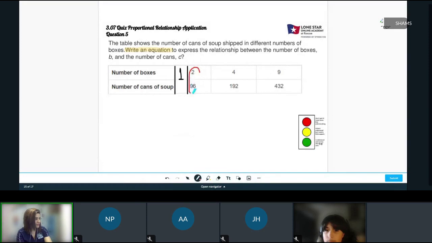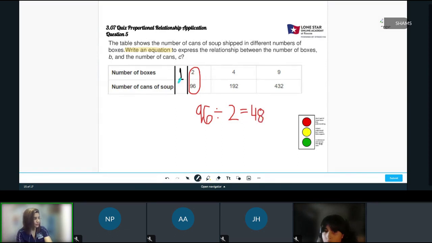If 2 boxes have 96 cans, I will do 96 divided by 2 to find for 1 box. And when I do that, I get 48 in each box, right? And this will help me write the equation.